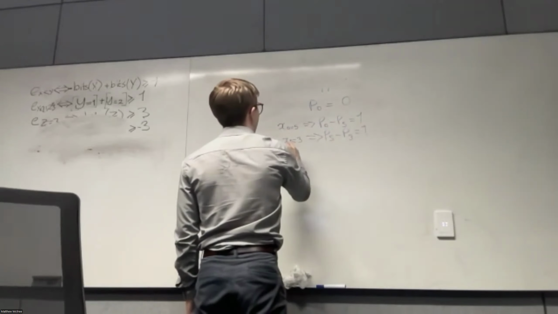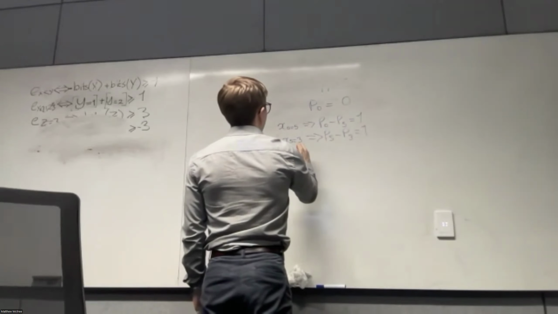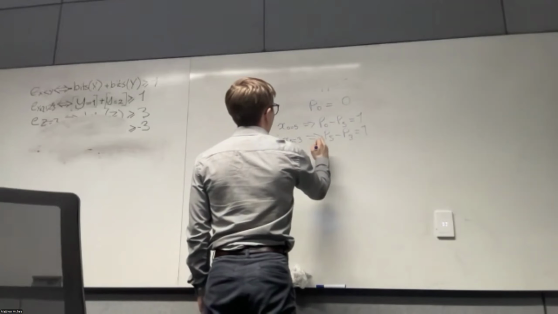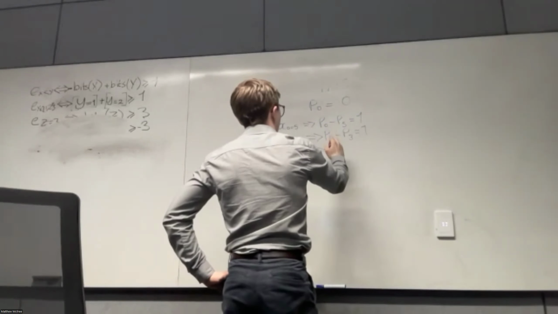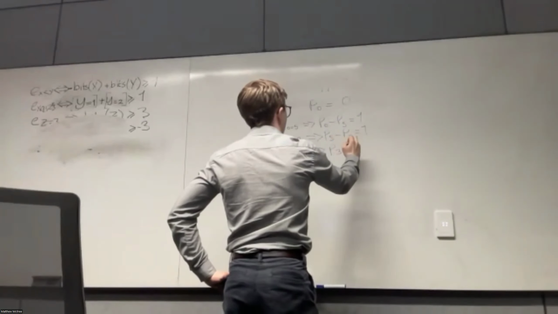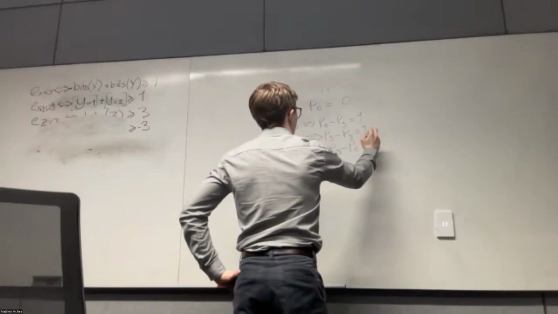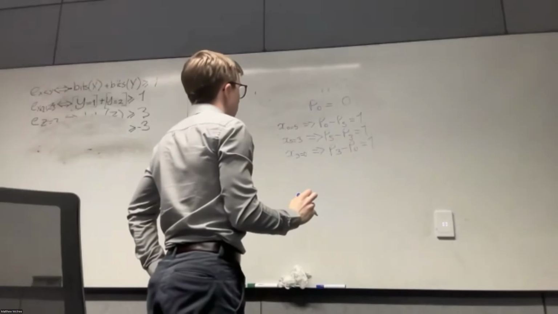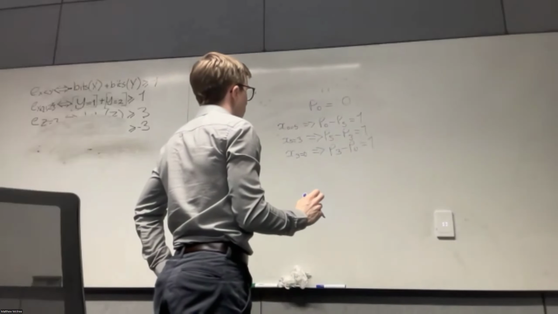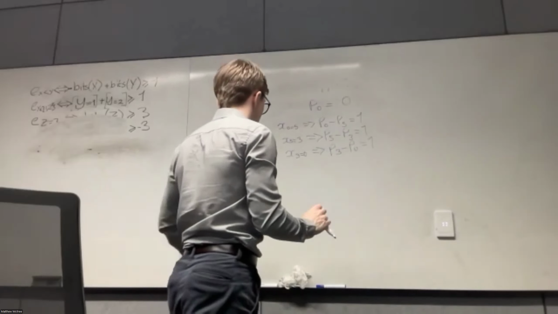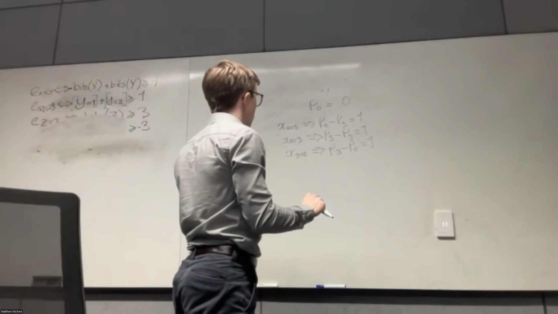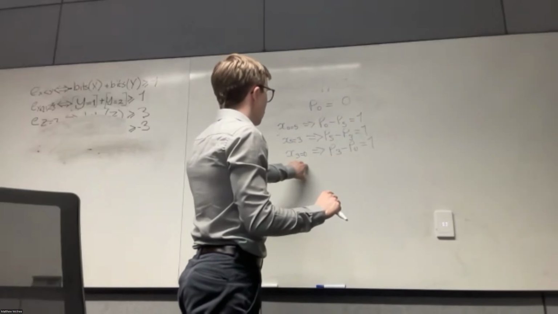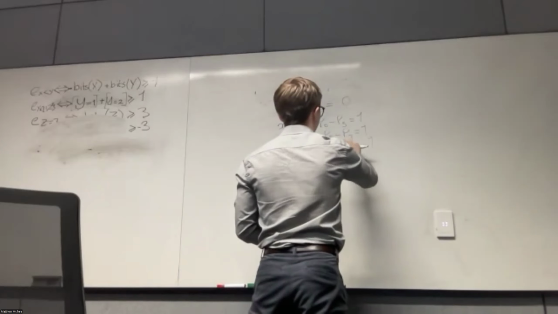And X3 equals 0 implies P3 minus P0 is equal to 1. In fact, I think what happens here is, x3 equals 0 implies, yeah, this is a slight technicality.